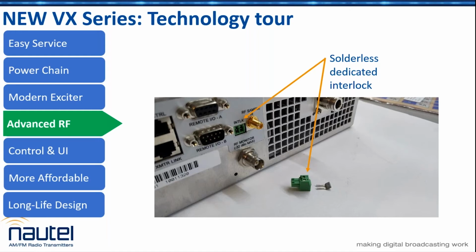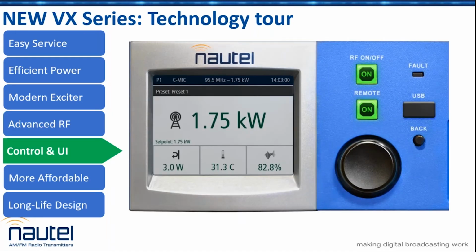And then the front panel, as you may have just seen there, is large-ish. I mean, it's only 2 RU, but it's a large full color screen. And we use a rotating knob that you press to select, and then there's a back button. There's also dual state buttons on the front for things like RF and remote to turn those on and off.